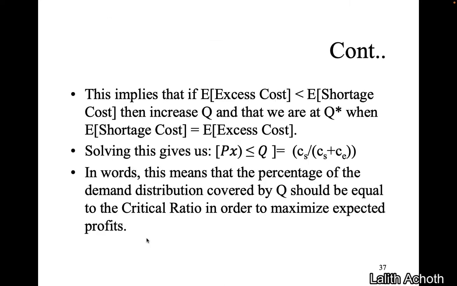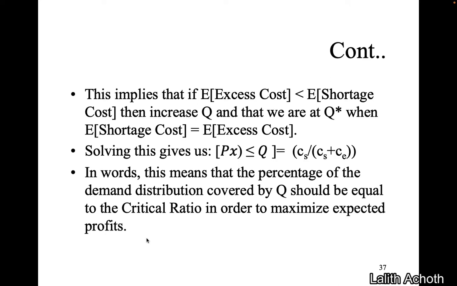This implies that if the excess cost is less than the shortage cost, then increase Q, and that way we get Q star.